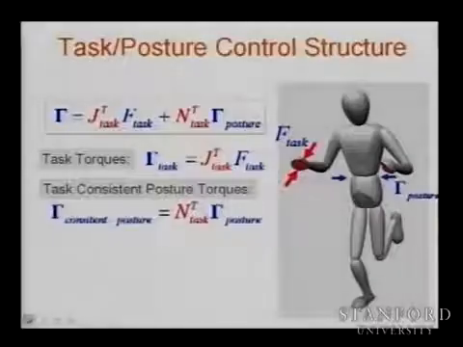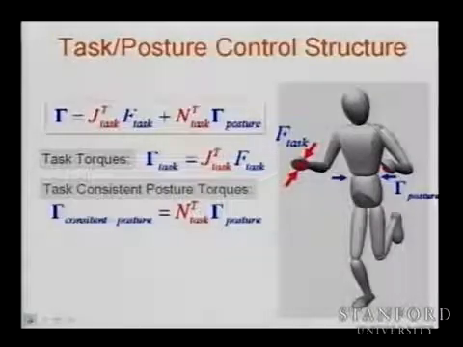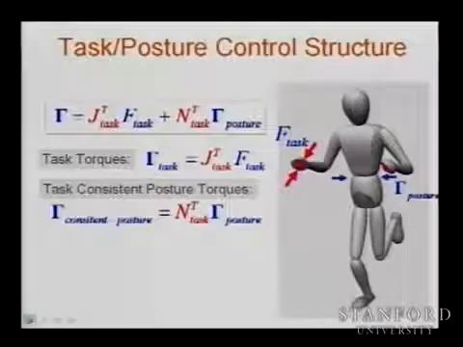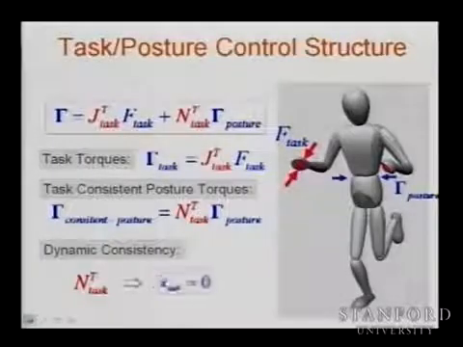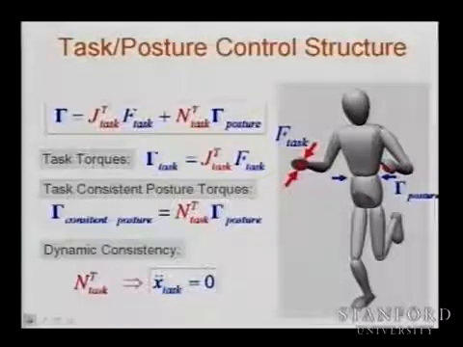And in there, you have to guarantee that your control is consistent, does not interfere with the first control. And to do that, you filter it with N, the null space of the Jacobian. And the result is that you guarantee that there will be zero acceleration coming from the control of the posture.